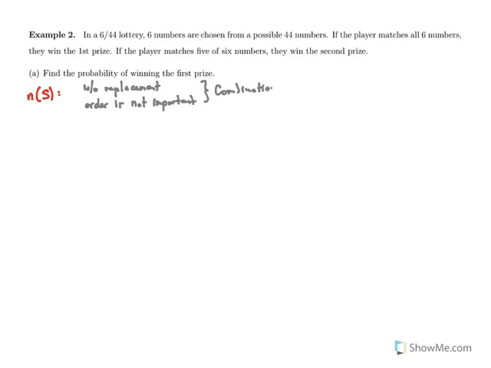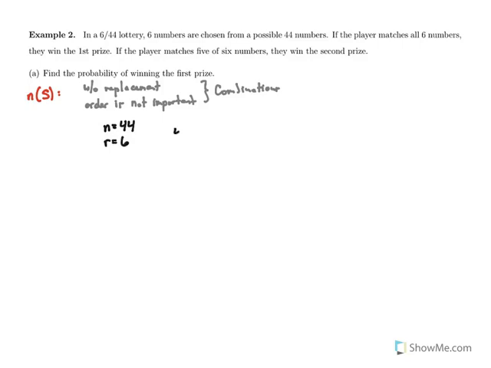So how many different lottery tickets are possible? How many different ways can we choose 6 numbers from 44? Note that here we have 44 possible numbers, and we are going to choose 6 of them.